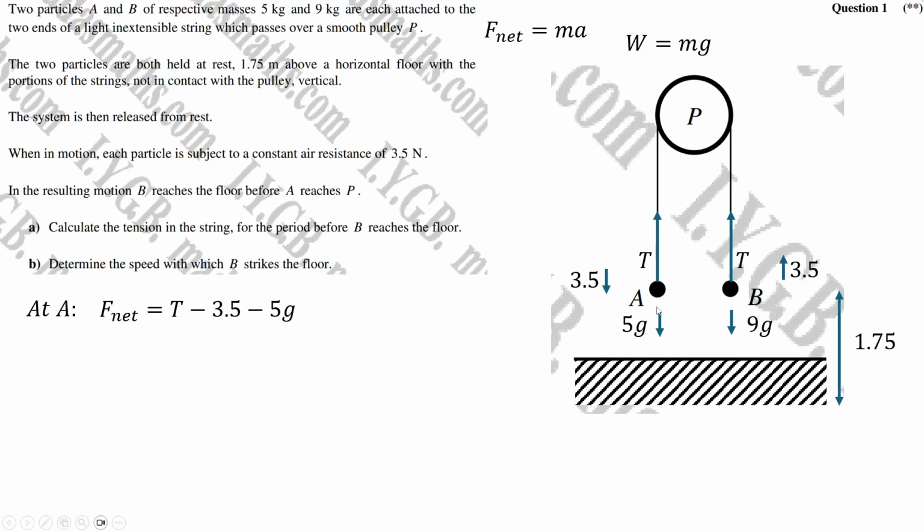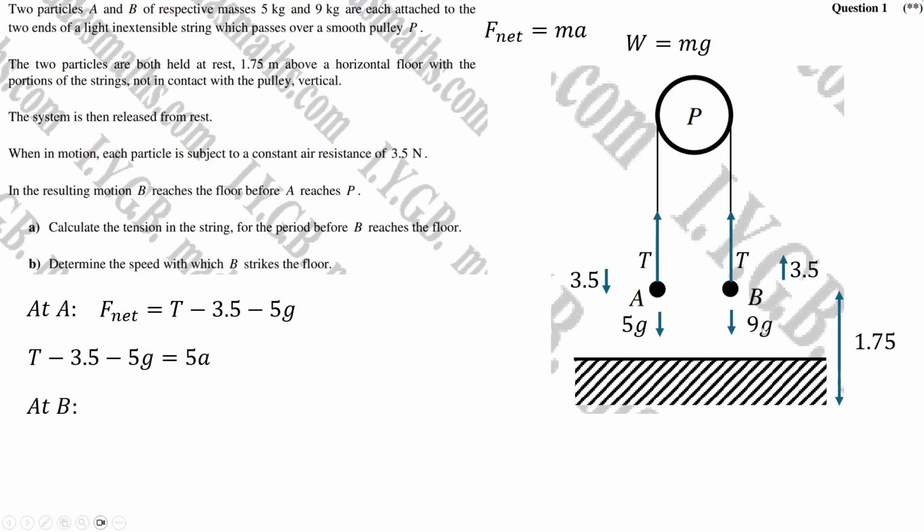And it needs to equal its mass times acceleration. So its mass is 5 kg, and acceleration we'll just call a. So this equals 5a at A. Now at B, instead of T being the larger force, it's going to be 9g because it's going down. So the resultant force will be greater, acting downwards.